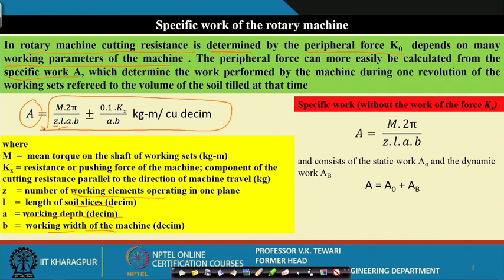Now, sometimes this Kx, the workforce, is very small. It is the resistance or pushing force of the machine, the component of the cutting resistance parallel to the direction of travel.